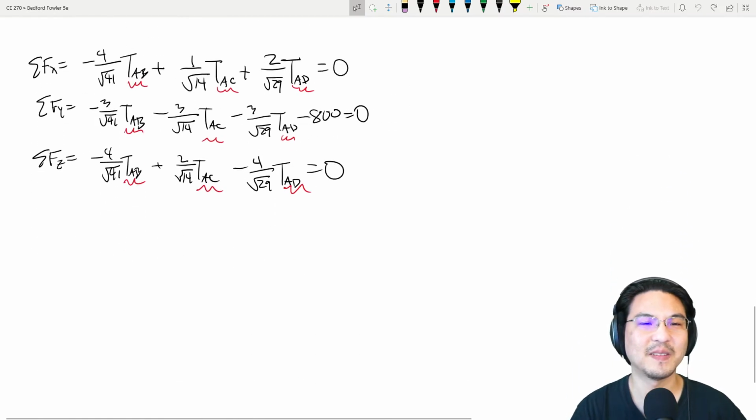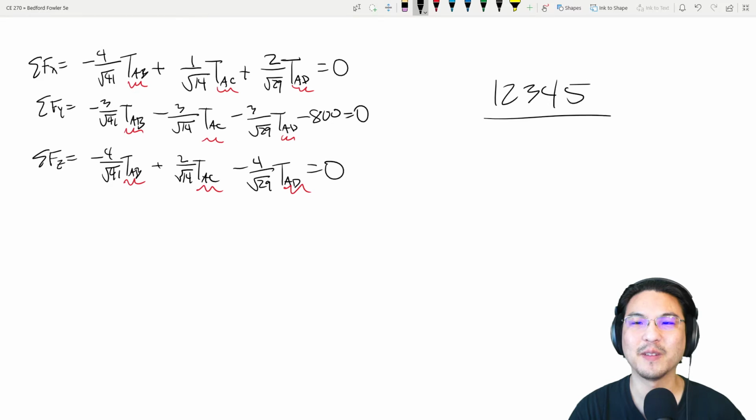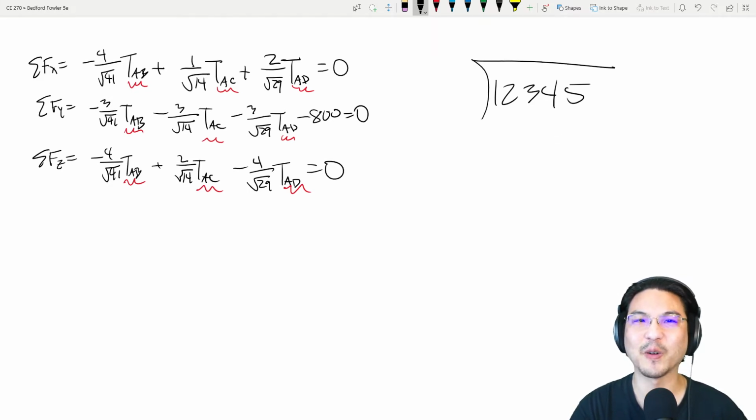Okay, so for example, let's say I asked you to divide 12345 divided by 4. What's the answer? You can punch it in the calculator because you already know how to divide. If you didn't, then you wouldn't have earned the right to use a calculator.